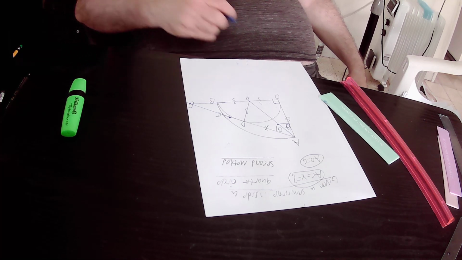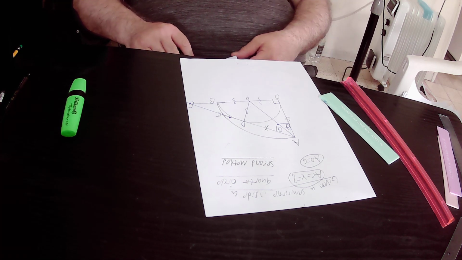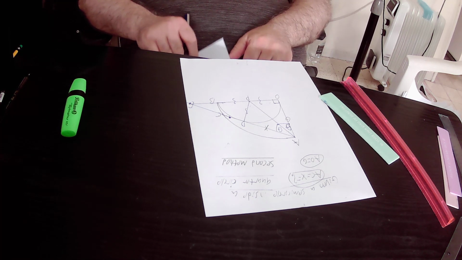So what is the angle bisector theorem? The angle bisector theorem is true in any triangle.